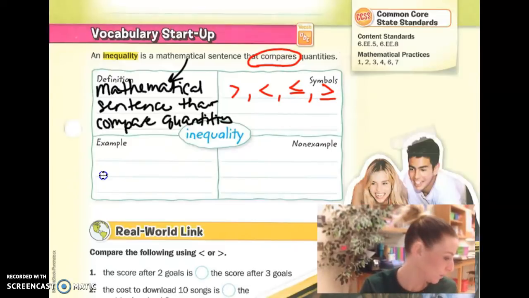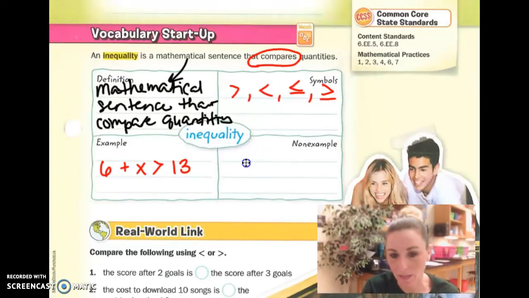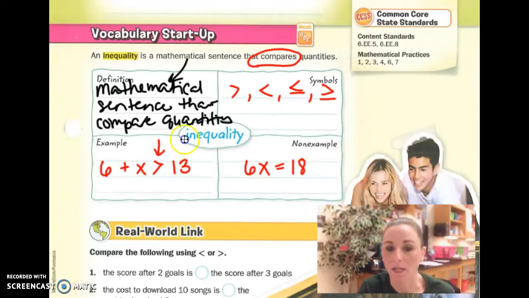So an example could be something like 6 plus x is greater than 13. A non-example would be this: 6x equals 18. It has to have the inequality symbol to show what we are comparing, whether it's greater than, less than, less than or equal to, or greater than or equal to.